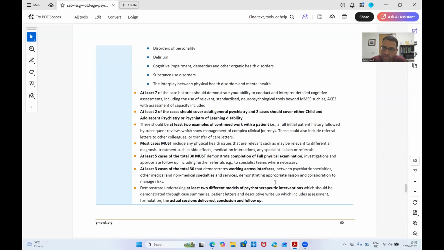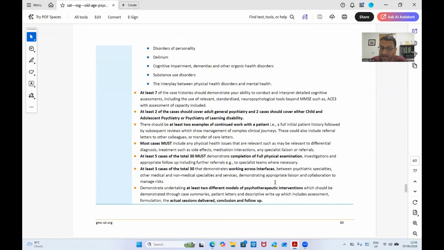But in cohort 2, yes, psychotherapy cases are required in two different modalities. Again, it doesn't necessarily have to be one long case and one short case. It can be two short cases or two long cases, as long as these are different modalities, whether it is one CBT and one cognitive stimulation therapy.